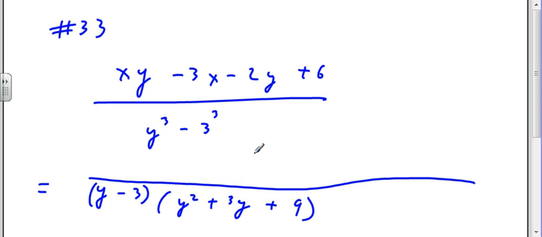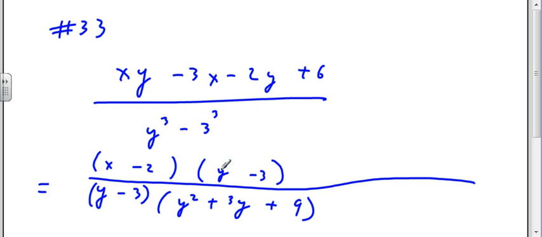Now on the top, we need an x and a y. So if we put an x here and a y there and a minus 3 here and a minus 2 there, we would have xy, we would have minus 3x, we'd have minus 2y, and we'd have a plus 6.